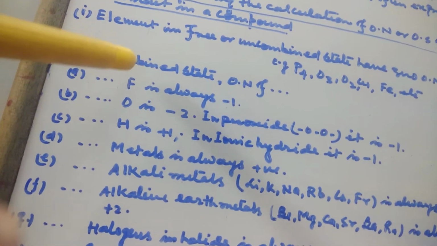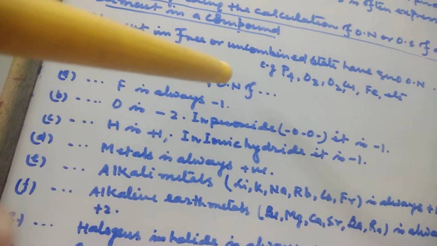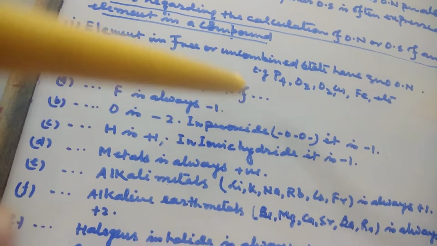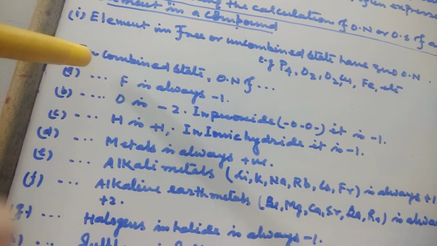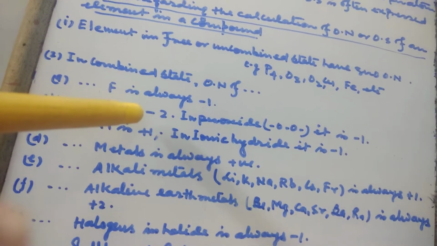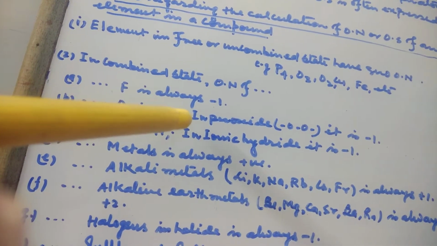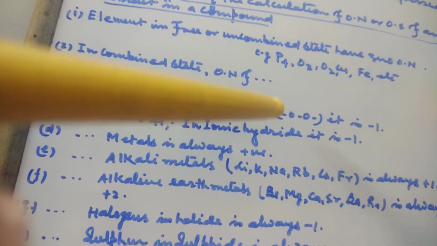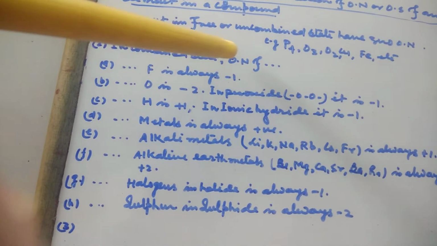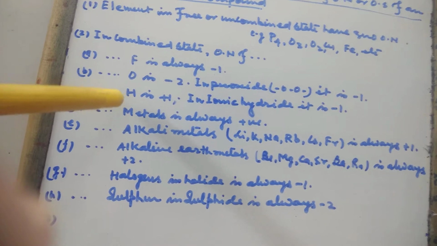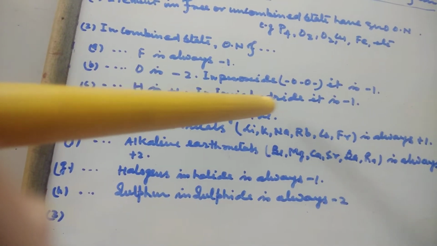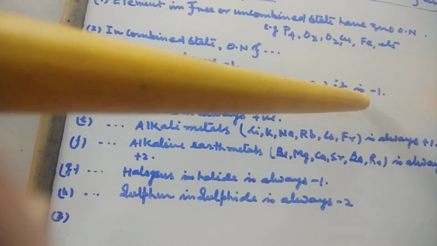Second, in combined state, the oxidation number of fluorine is always -1. In combined state, the oxidation number of oxygen is -2. In peroxide, it is -1. In combined state, the oxidation number of hydrogen is +1. In ionic hydride, it is -1.